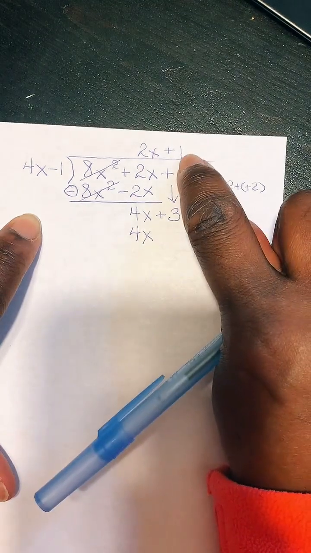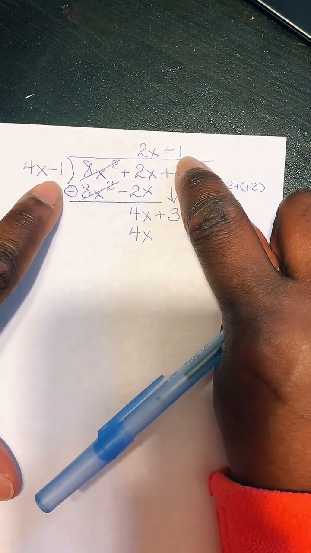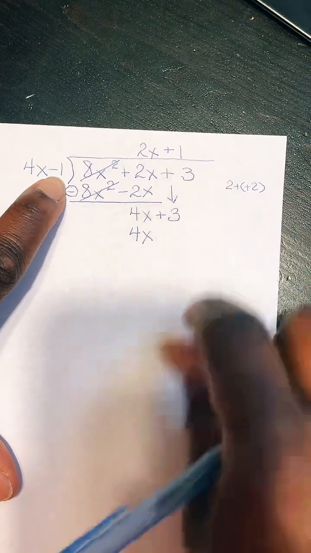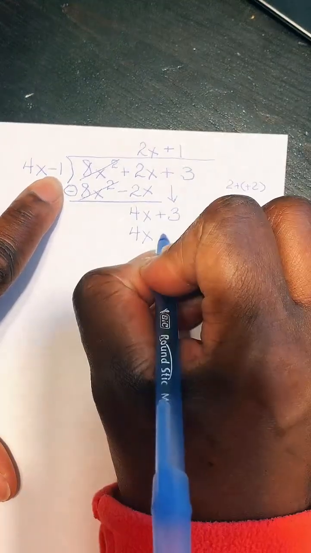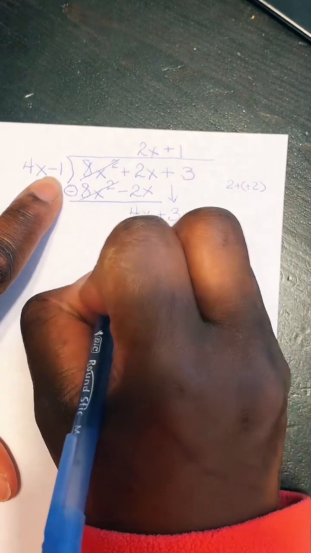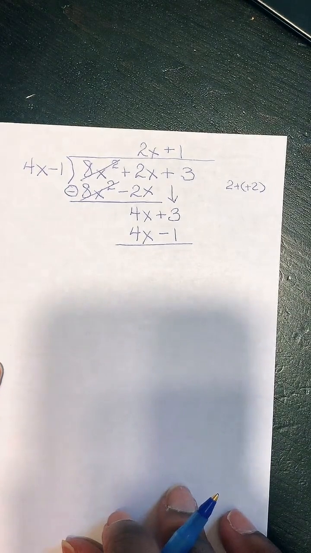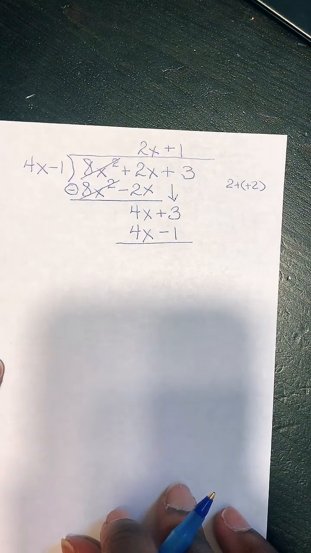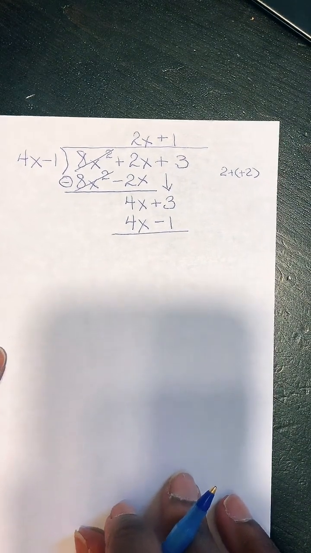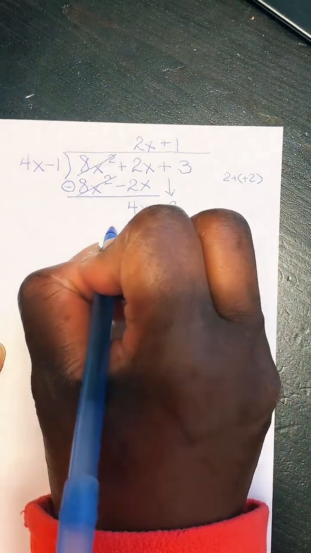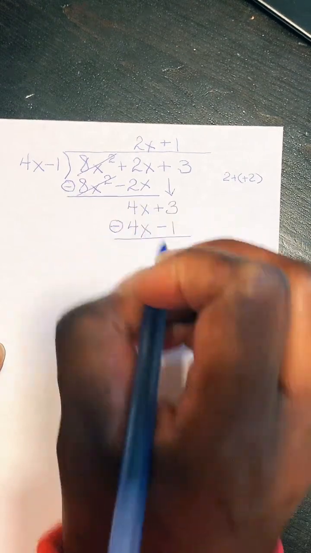Then we're going to use this 1 multiplied by the negative 1. So 1 times negative 1 gives me negative 1. Okay, good. So we're subtracting this line.